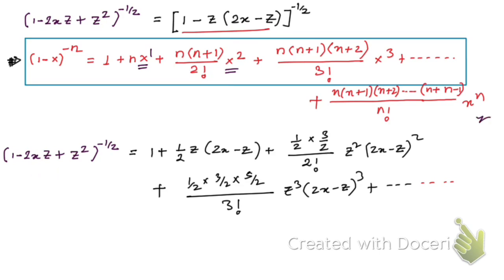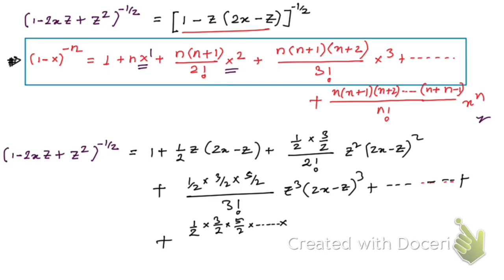If we write that, then we're gonna have plus dot dot dot plus, here instead of n we're gonna have half, then half plus 1, that's 3 by 2, into 5 by 2 into dot dot dot.